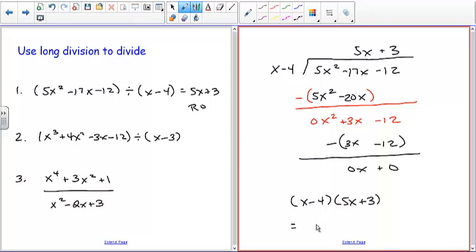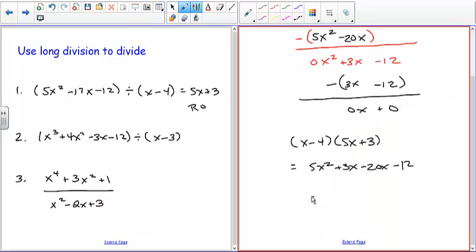So x times 5x is 5x squared. X times 3 is 3x. Negative 4 times 5x is negative 20x. And negative 4 times positive 3 is negative 12. And you combine the two like terms in the middle, you get negative 17x minus 12.